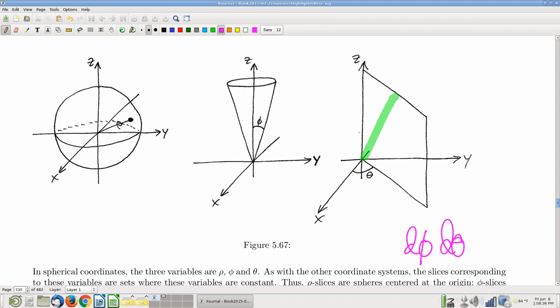And that leaves, of course, only rho slicing. Rho slices are still spheres, but how spheres intersect these things, we're just looking at the range of values of rho there. And so d rho, d phi, d theta. It's always this way. Correction. Always choose this.